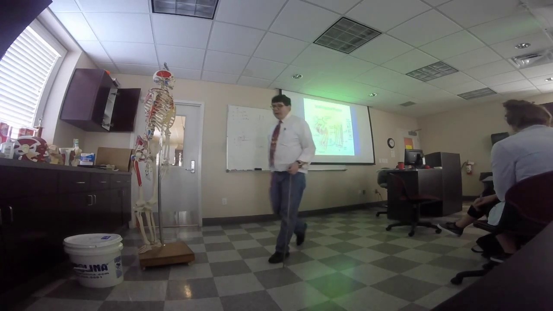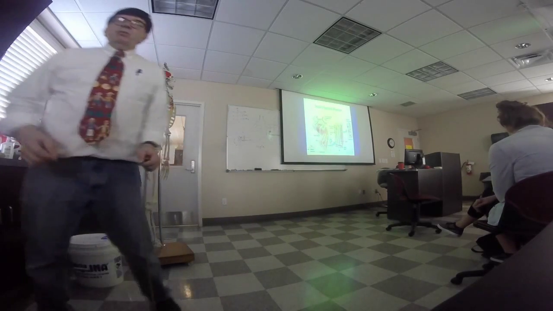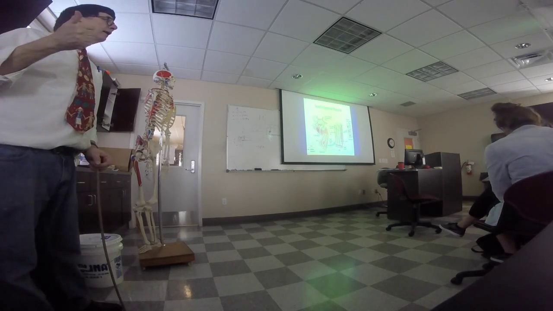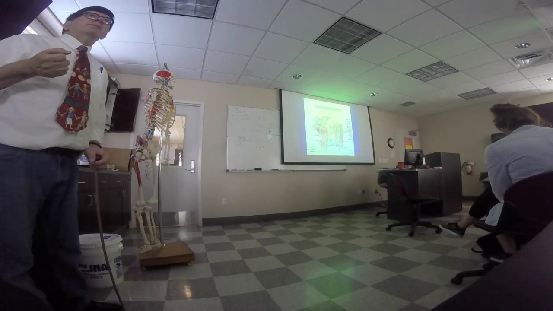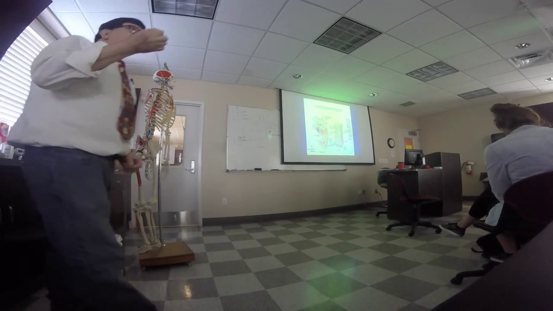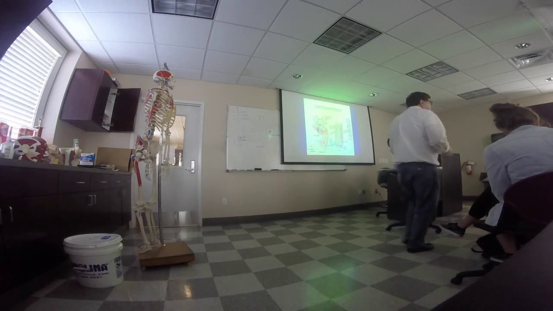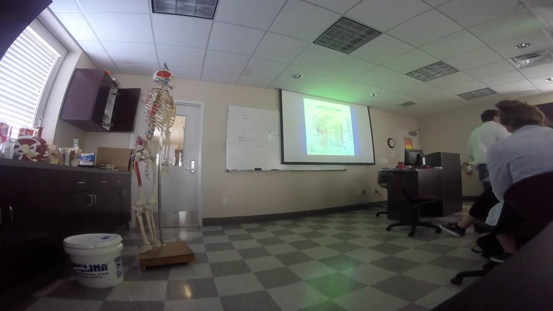But absorption of fat, what we've learned, depends upon two things. It depends upon bile and pancreatic lipase. If either one or the other is missing, then fat is not going to be absorbed. You're going to have fat malabsorption.